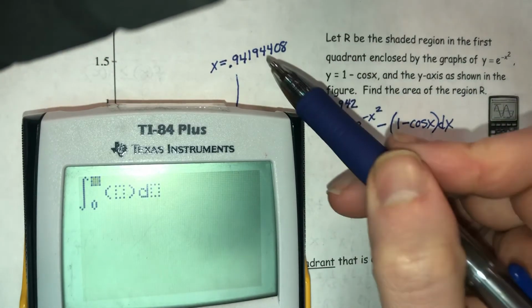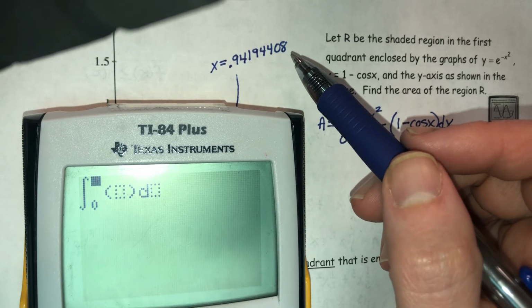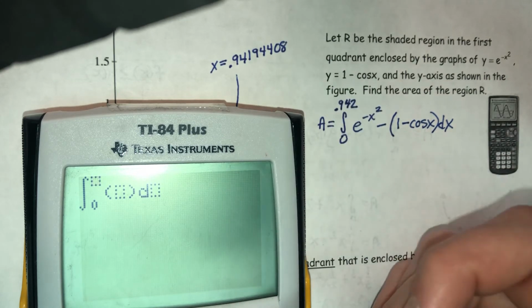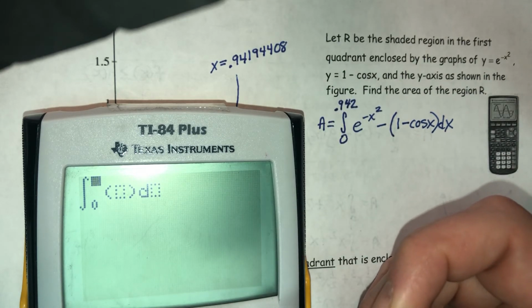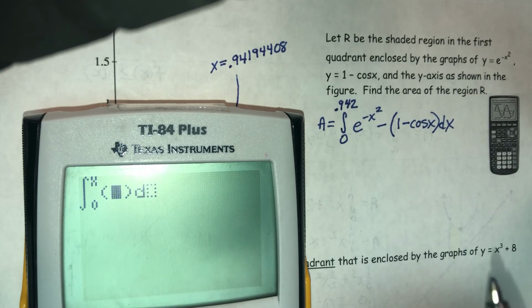I could type in all these digits, or there's this neat feature of your calculator that whatever the last x equals value is that you searched for by using the calculate menu is stored as x, as a constant, and you can actually enter that and it'll pull all those decimal places for you. So that's a neat, sneaky trick for you to use, shortcut, to save you some time.